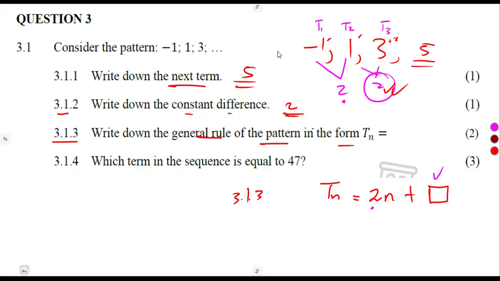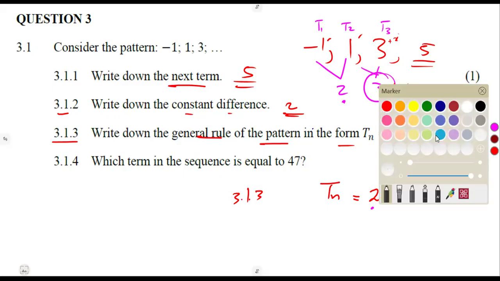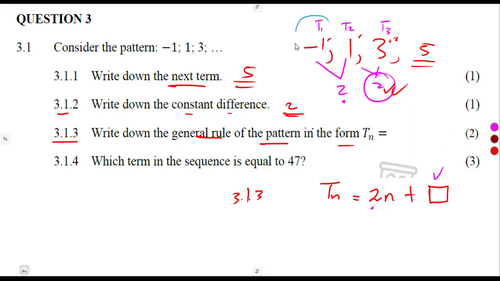We can use any term, first term, second, third, and so on. As for me, guys, I always work with the first term. T1 is equal to -1. So if T1 is equal to -1, what does it mean? It means we say Tn, so n is 1.